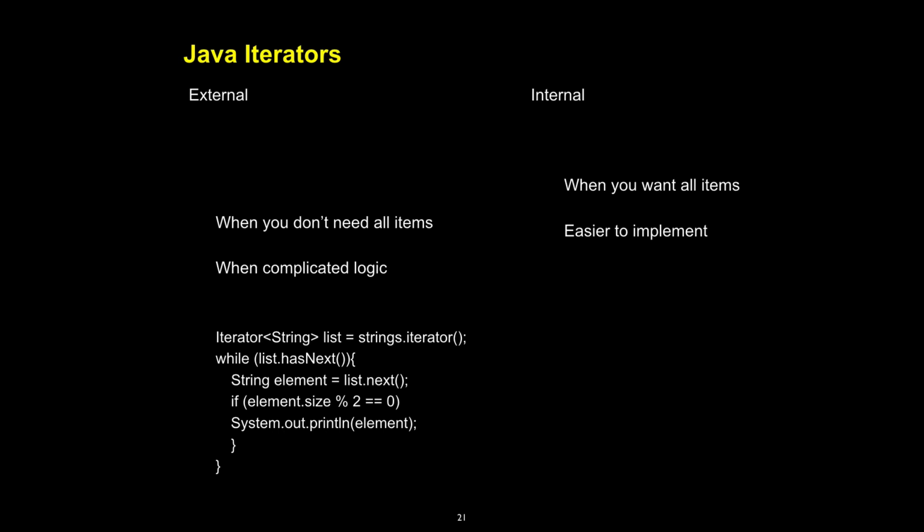So when to use each? Well, if you want to do something to all the elements, then just use the internal one because it's simpler. If you're just going to find one element and stop, then the external iterator is going to be easier. Like, okay, I found it, I'm done. When you're doing really complicated things, you might want to use the external iterator.